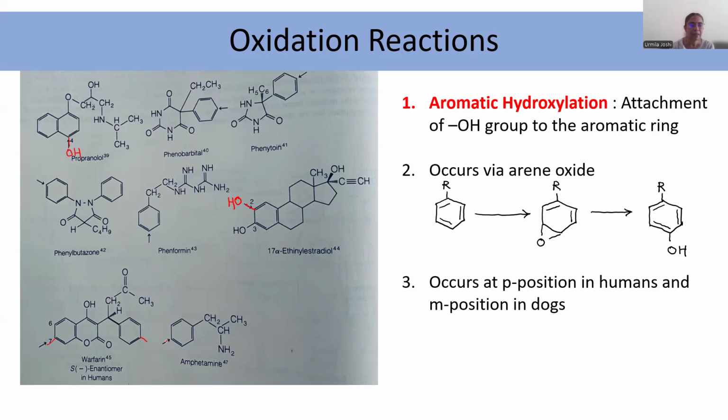In case of amphetamine, at the para position on the ring, OH is substituted. So this is about aromatic hydroxylation. If there is an aromatic ring with a para position free, you can safely write aromatic hydroxylation as one of the metabolites. This will reduce your remembering part, but you may have to remember the major metabolite.